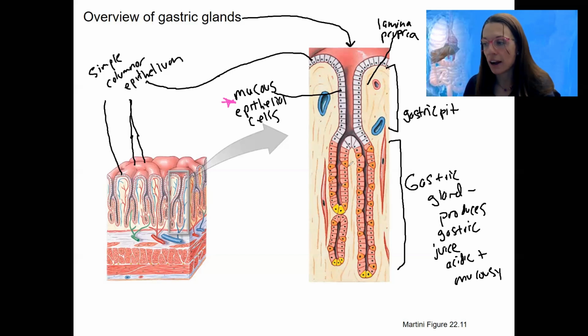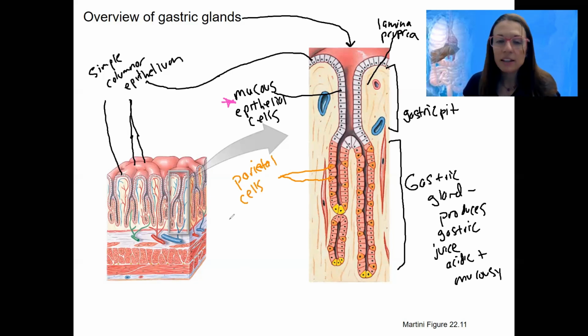So first of all, we've got parietal cells. In this picture, I'll be consistent and use orange. These are the orange ones shown here, all along the glands. These are parietal cells. They are going to secrete HCl, hydrochloric acid, and intrinsic factor.